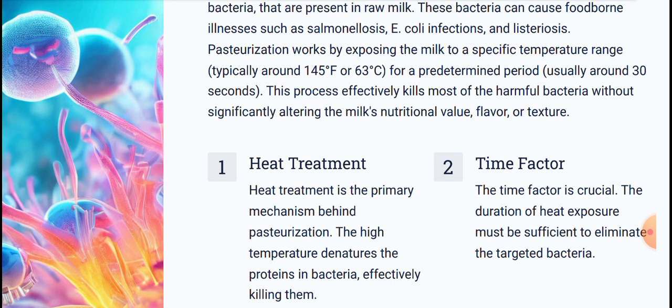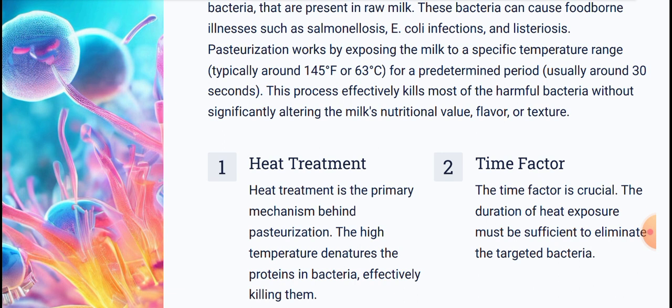So pasteurization is done by exposing the milk to a specific temperature, probably around 145 degree Fahrenheit or 63 degree centigrade, and this period of exposure is for 30 seconds.